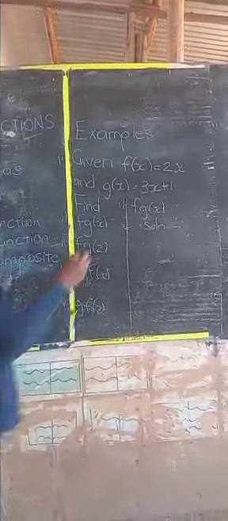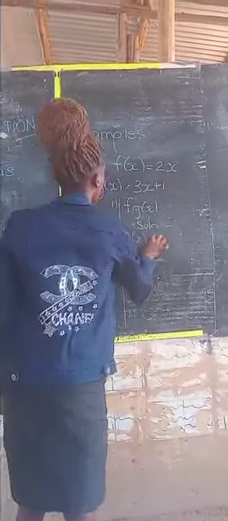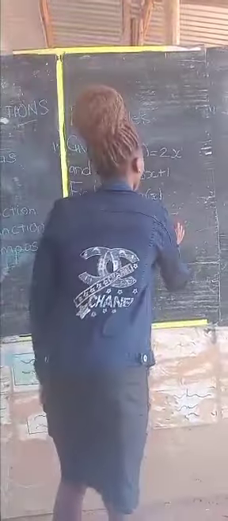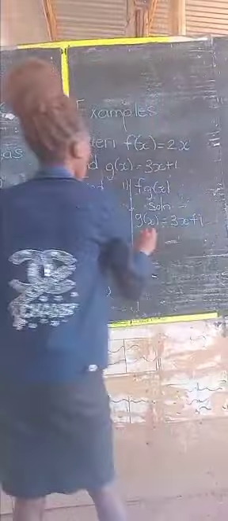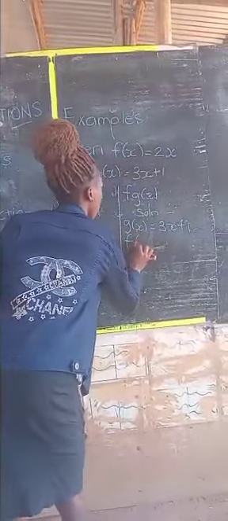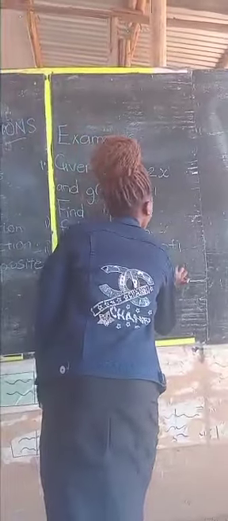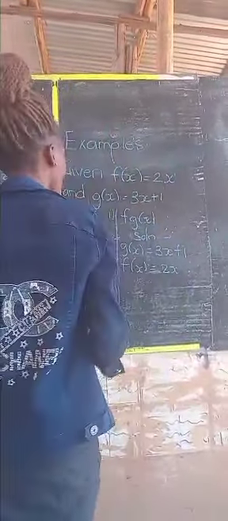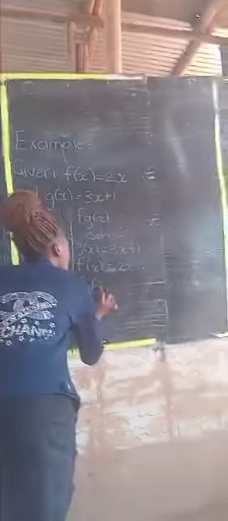In this case, g(x) is the inner function, and g(x) is given as 3x plus 1. And our outer function is f(x), which is 2x.